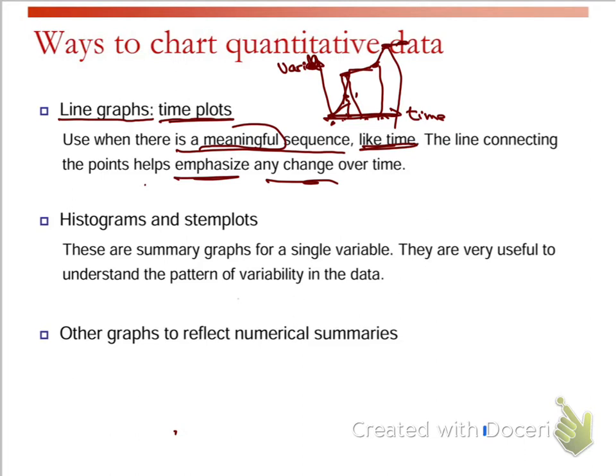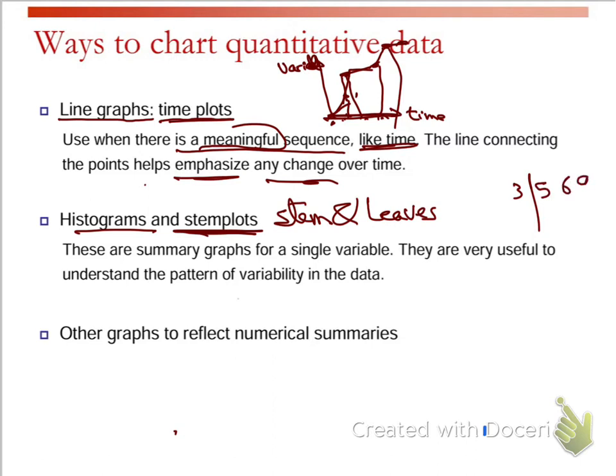Then the histogram and the stem plot. You remember the stem and leaf, which we have taken here, with 3 and 5, 3 and 7, 3 and 9, 5, 7, for example, 1, 2, 3, 4, and so on.